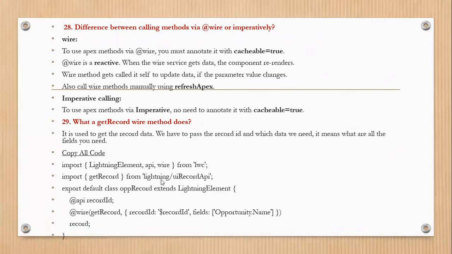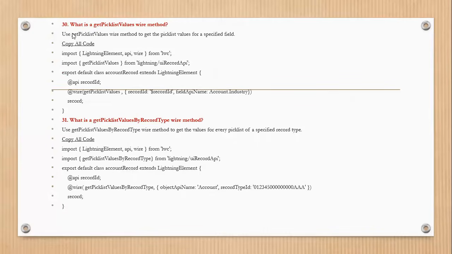Import getRecord from lightning/uiRecordApi. Export default class AppRecord extends LightningElement, api recordId, wire getRecord with recordId and fields, Opportunity Name, record.